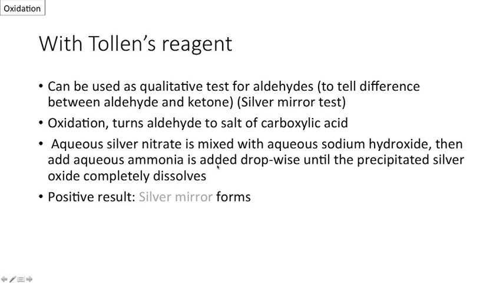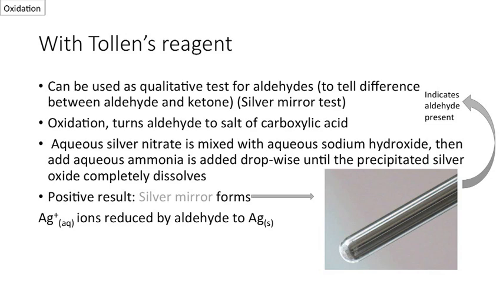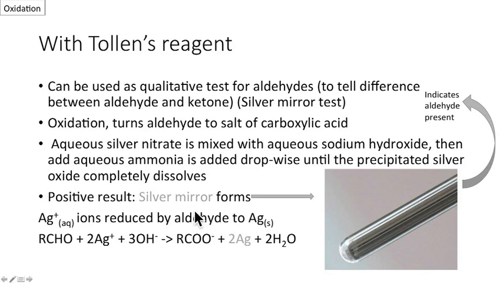The positive result is a silver mirror. That will look a lot like this inside your test tube, and that indicates an aldehyde is present. This is because our Ag+ ions in aqueous solution are being reduced by the aldehyde to form Ag metal. That's where we get our silver mirror formed. And that's the overall reaction with an aldehyde, forming our salt.